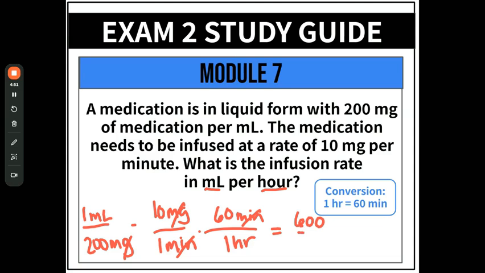And then on the bottom, I've got 200 times 1 is 200. Awesome. And then when we simplify and divide that, we get 3 milliliters per hour. So we keep this and we'd keep this, and those are our units.